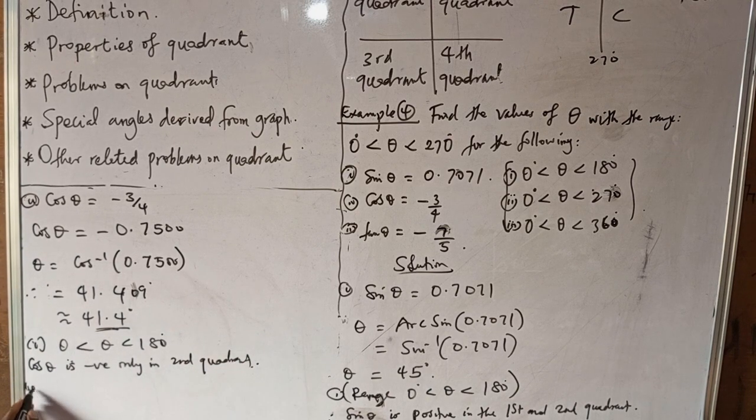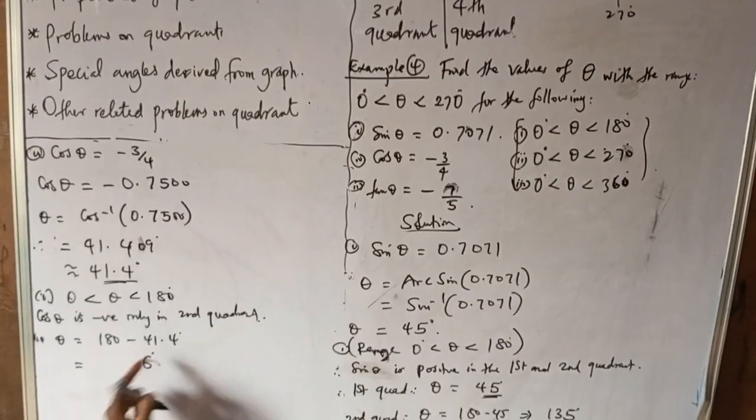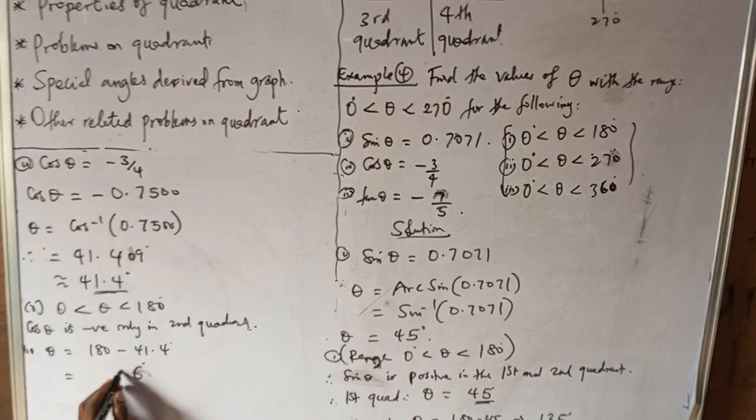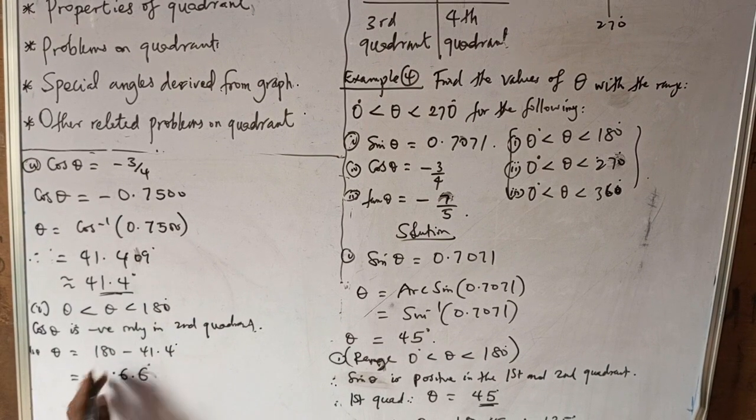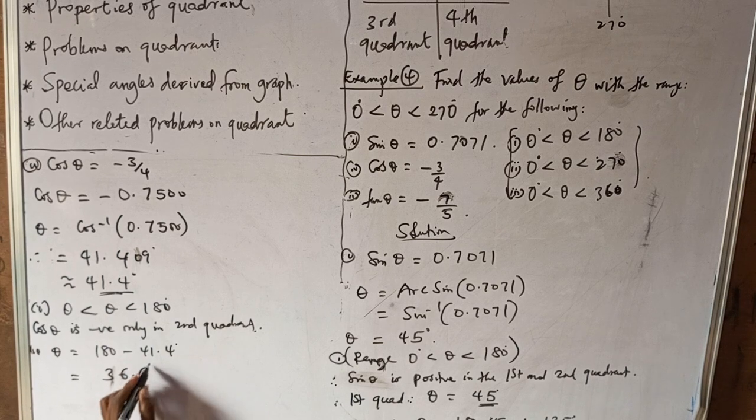That is, our theta will be 180 degrees minus the 41.4. And that gives me 138.6 degrees. That will be the value. So this is your answer.